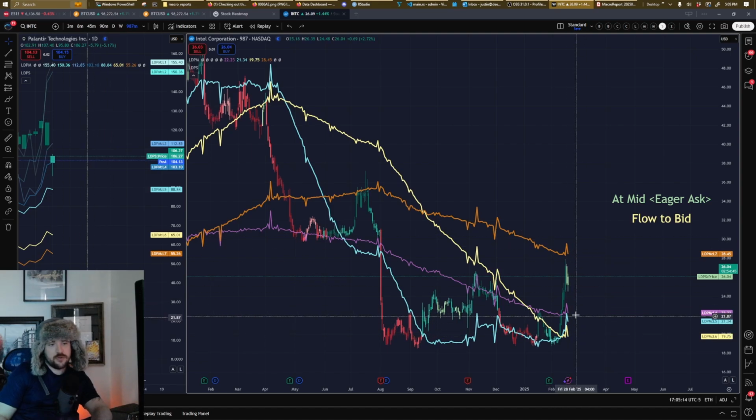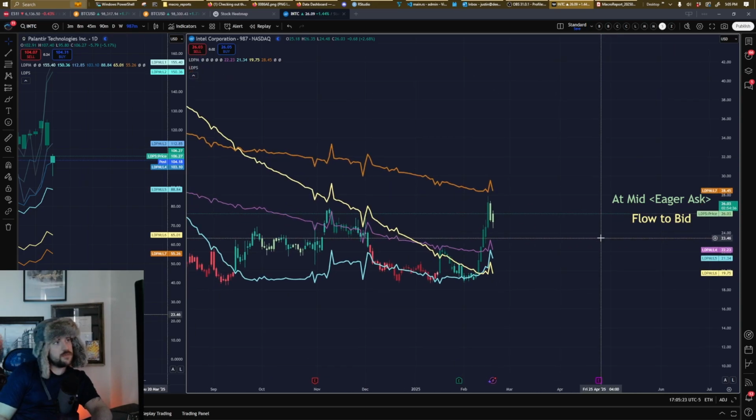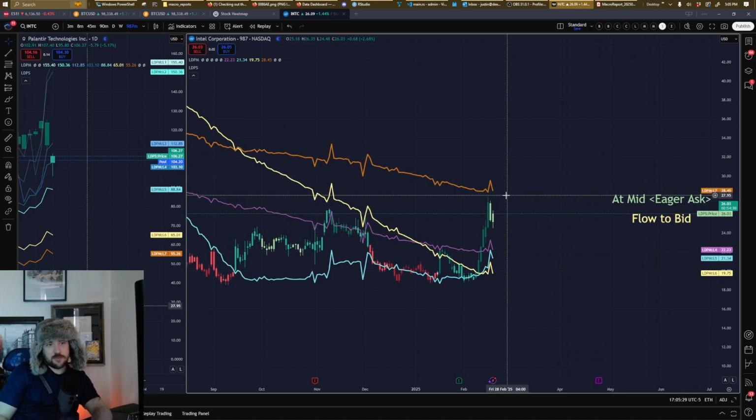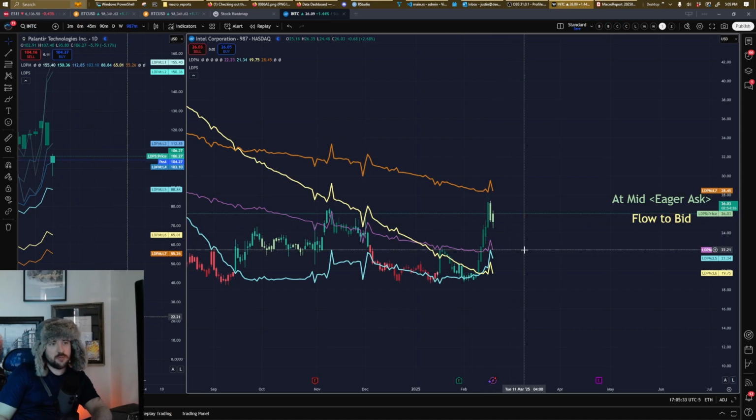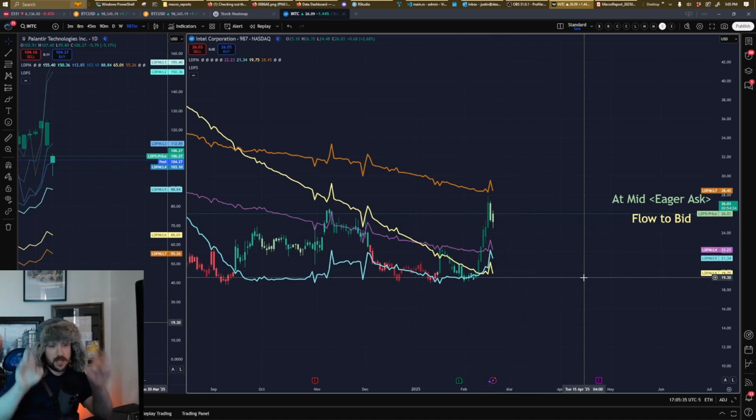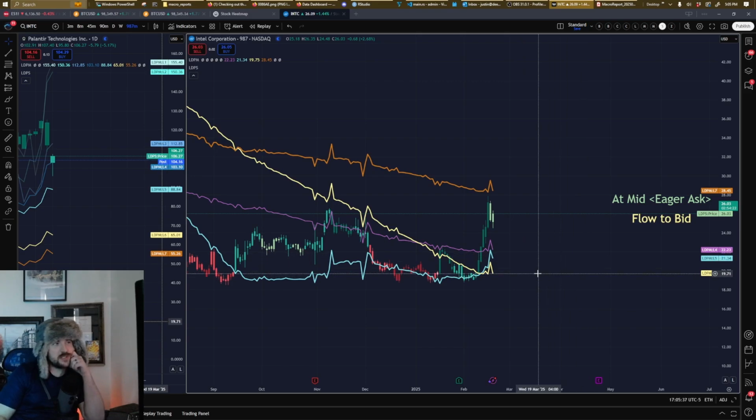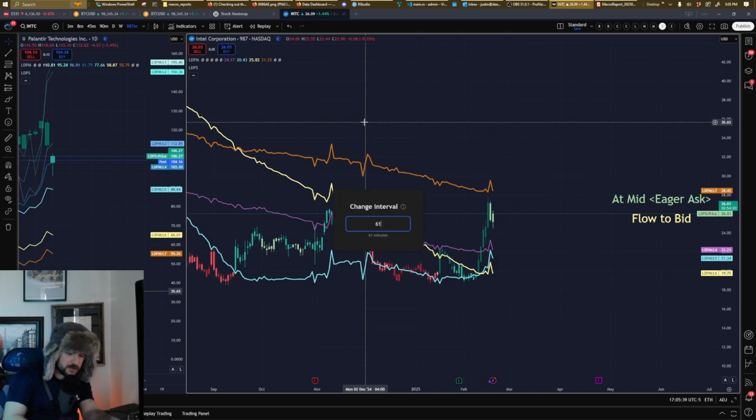I want to say, what would I say from this 987? I mean, it's flowing to the bid, and we have an eager ask, and it looks like we've already attempted LDPM 7. So I do think movement back down to LDPM 8 at like 22 seems like the reasonable outlook from the 987.